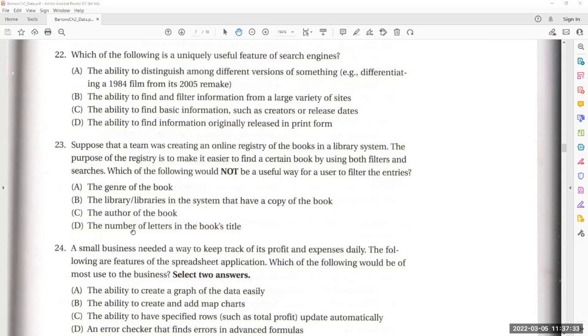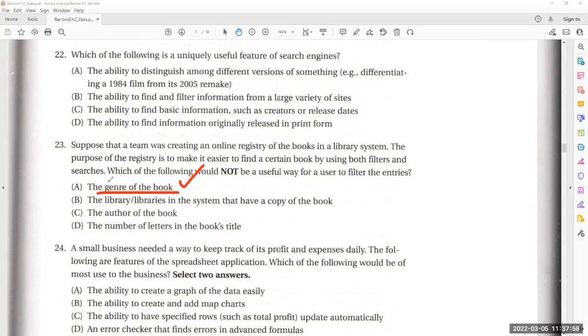That's because the number of letters in the title has nothing to do with the filtering. Okay, here we have a library system. We want to know whether a book is science fiction or the genre of the book. You go to the library and try to find a book. Is it science fiction or a STEM textbook?